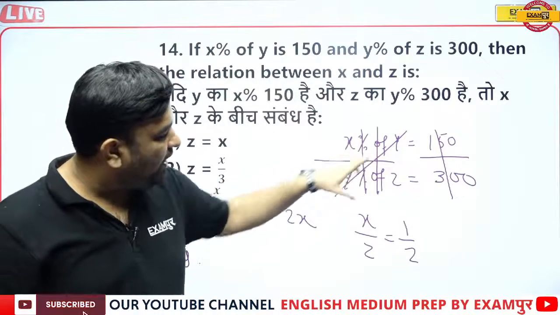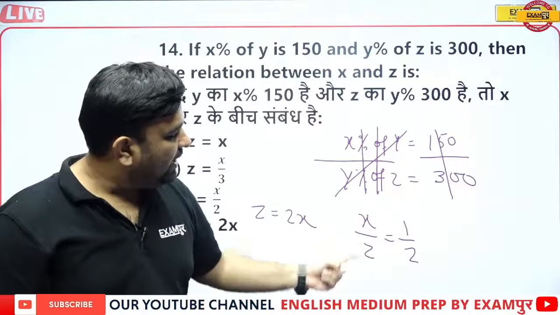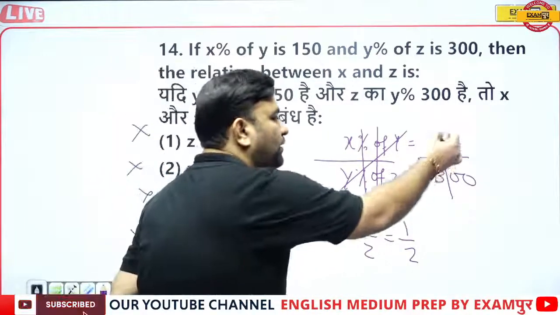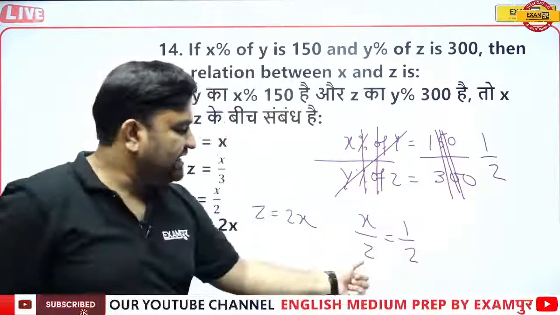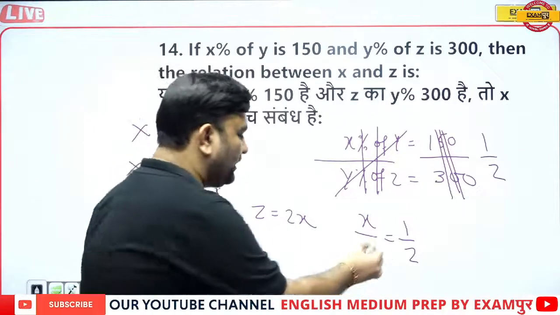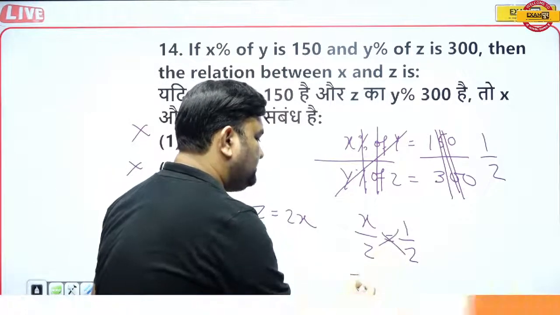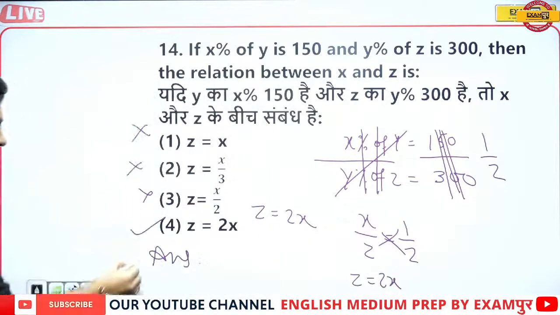Percentage of y have cancelled out each other. So x upon z is equal to 1 by 2, so z is equal to 2x, which is option number D.